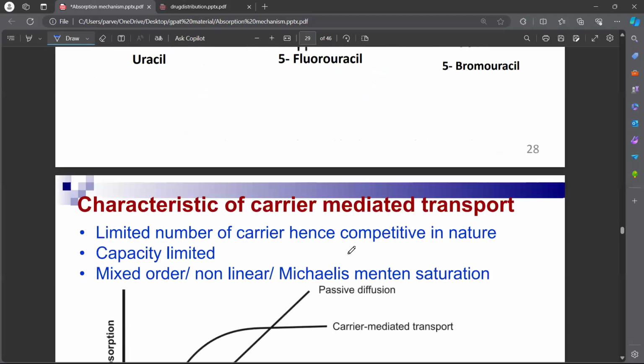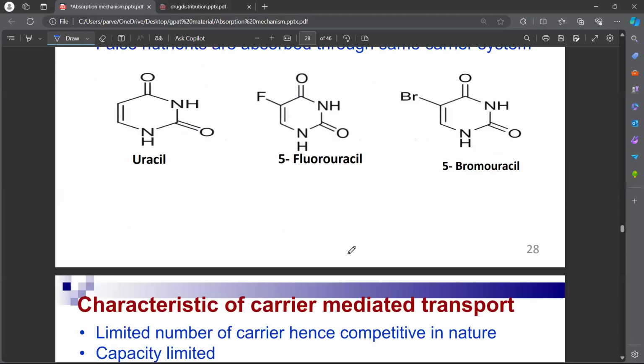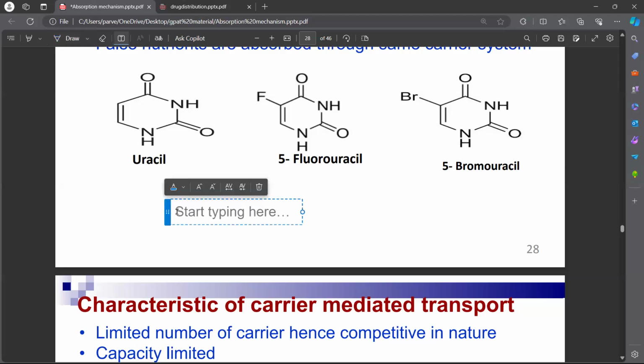If any process is getting saturable, then those kinds of pharmacokinetics are known as linear or non-linear pharmacokinetics? Those are basically known as non-linear pharmacokinetics. So that's why non-linear. Great, Chintu.